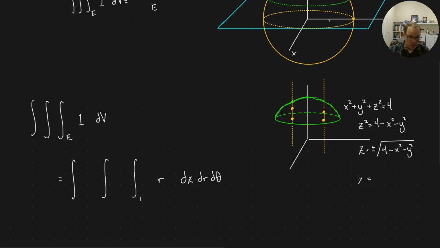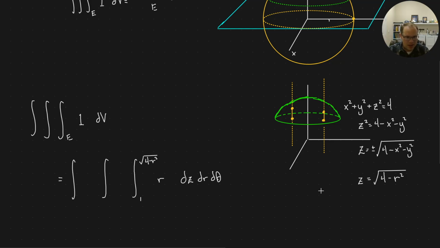So I'm going to take the top half of the sphere, the positive root, and rewrite x squared plus y squared as r squared. So I can express that top surface as z equals the square root of 4 minus r squared. Okay? And z is done, which means I can collapse that dimension.